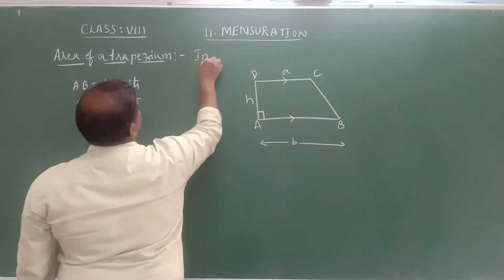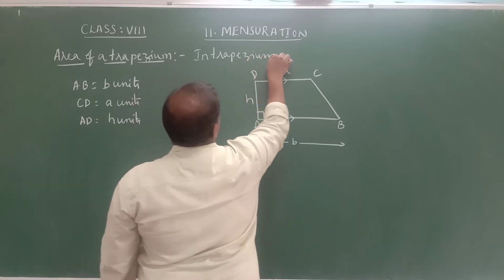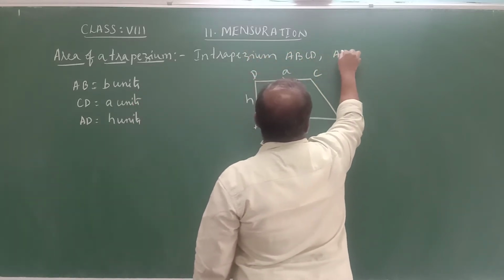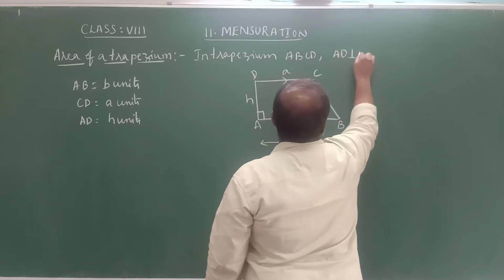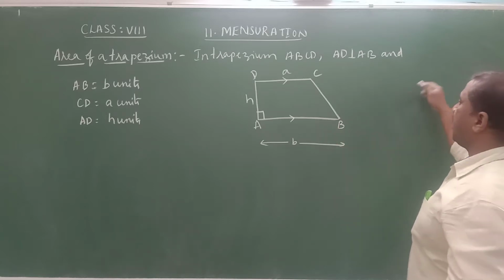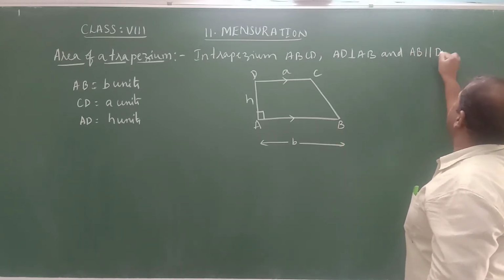In trapezium ABCD, AD is perpendicular to AB and AB is parallel to DC.